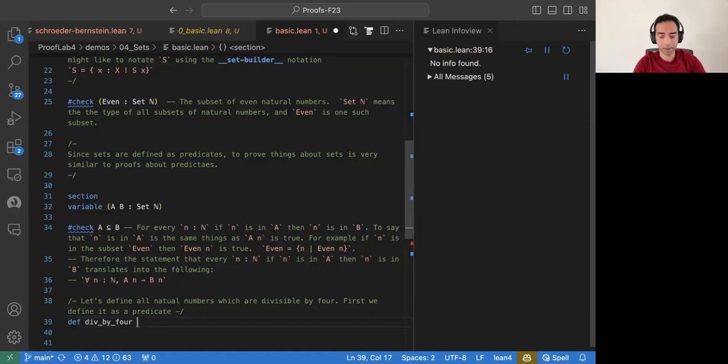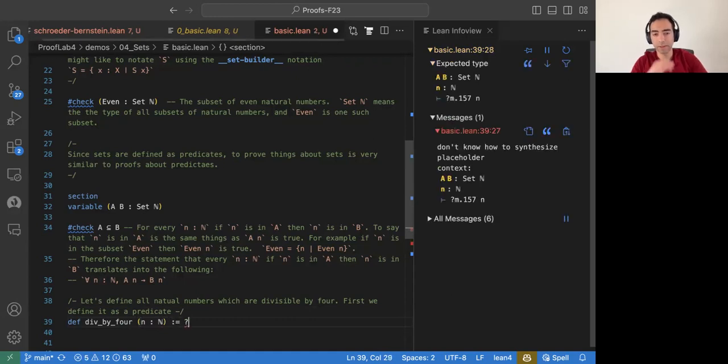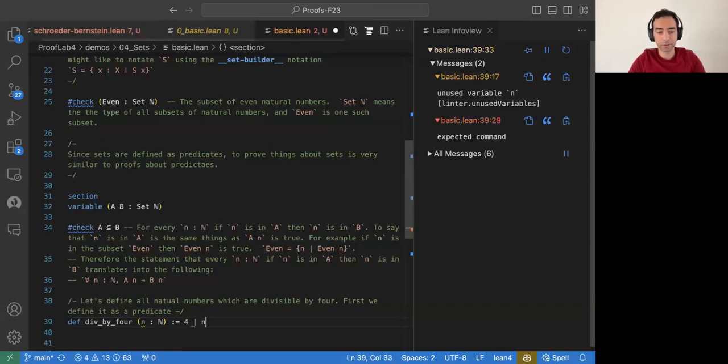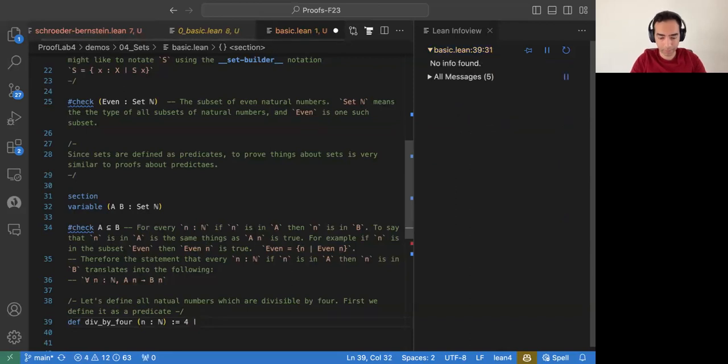So how do I define it? Well, I take a natural number and I have to return a proposition. So what should this be? Well, it should be that n is divisible by 4. To write this, I can use this notation: 4 divides n.